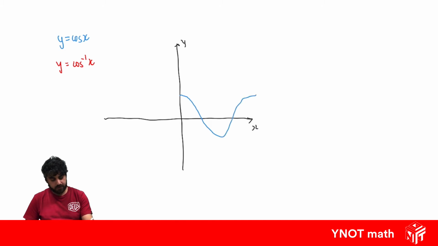So we've got 0 to 2 pi there, then we're going from 0 to minus 2 pi. Let's go ahead and draw in y equals x.